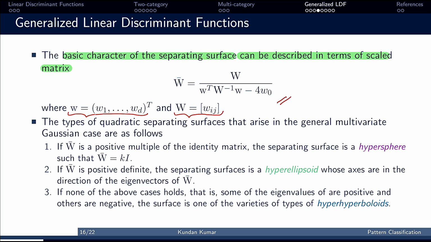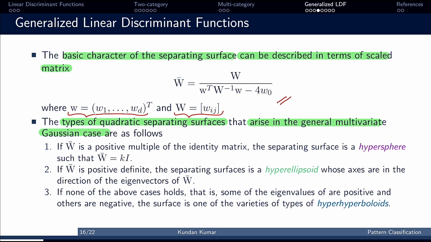That means, what type of separating surfaces will we have when we choose these weight matrices? We will have a quadratic separating surface, and that arises in the general multivariate Gaussian case. So this is for the Gaussian case.